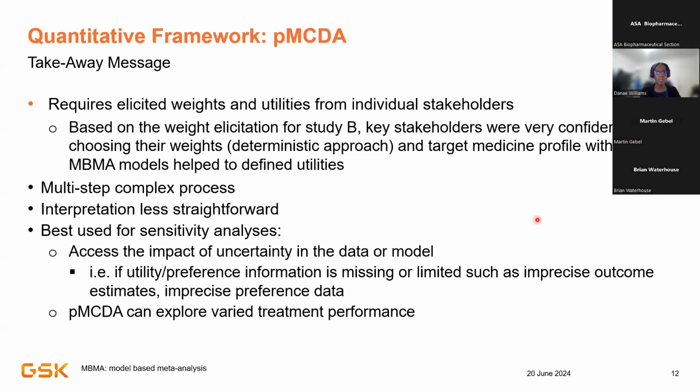It is a multi-step complex process. Interpretation may be less straightforward, but from what was experienced with this model, it seemed that it can also be used as a sensitivity analysis. That way you can assess the impact of the uncertainty within your data or model in the case where you have missing or limited information on your attributes. And it can also be used to explore the varied treatment performance as well.